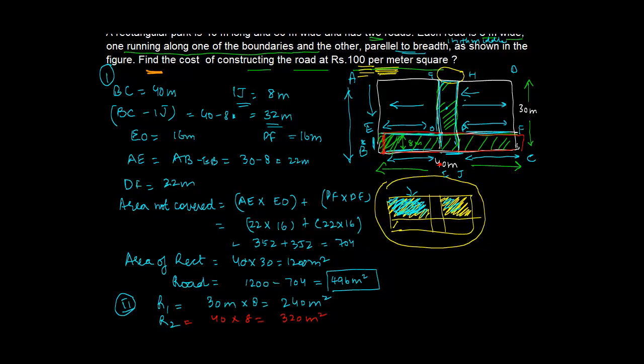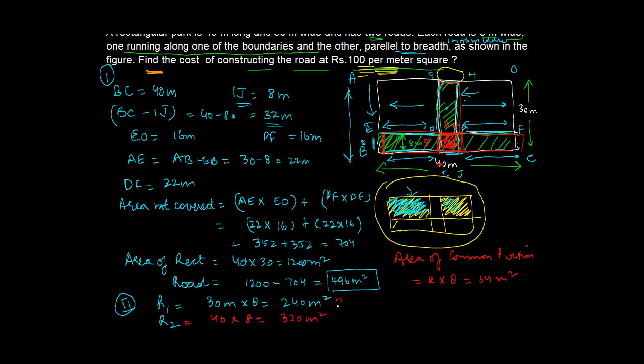Right? But we know when we include these two, what we are doing is we are calculating the area of this portion twice. What is the length of this portion? 8. Why? Because the width of the road is 8. Even the breadth is also equal to 8. So area of this portion, the common portion, is equal to 8 into 8, which is 64 meters square.